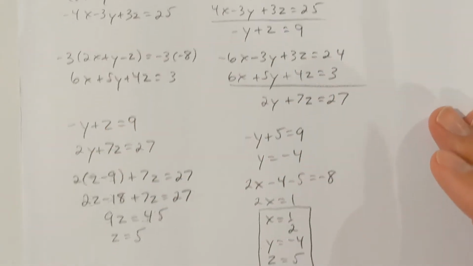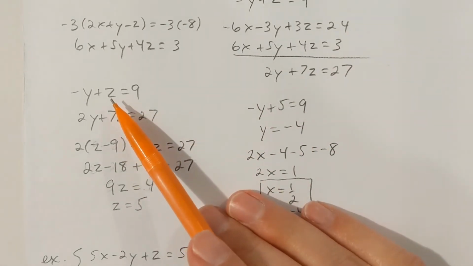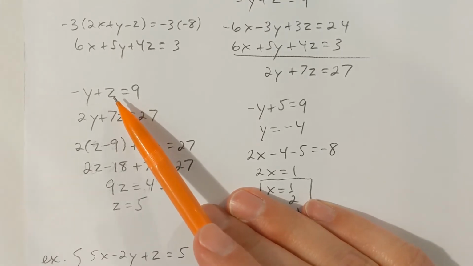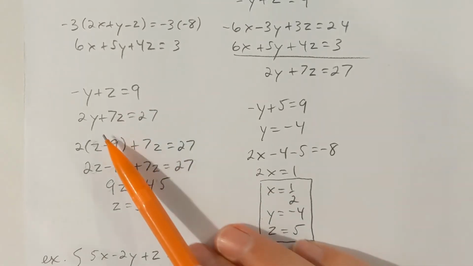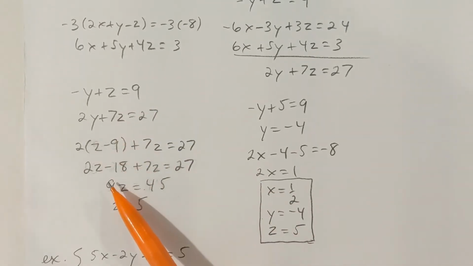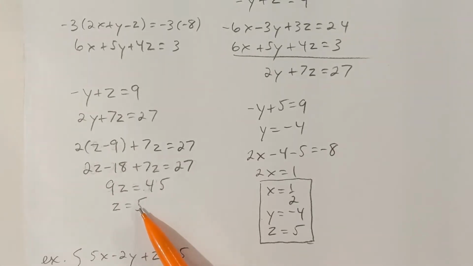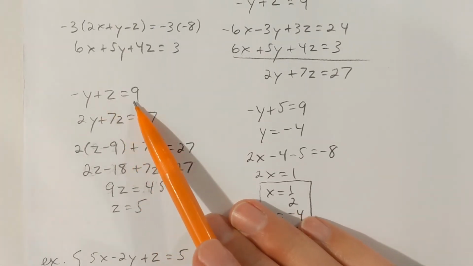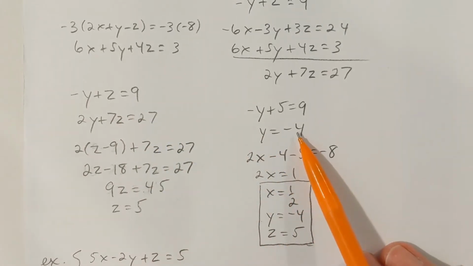I've used substitution now. If I solve this top equation for y, y would be equal to z minus 9, and I'm going to substitute that into the bottom equation in order to get z. Looks like z is 5, and knowing that z is 5, I subtract 5 and then multiply by -1, so y would be -4.